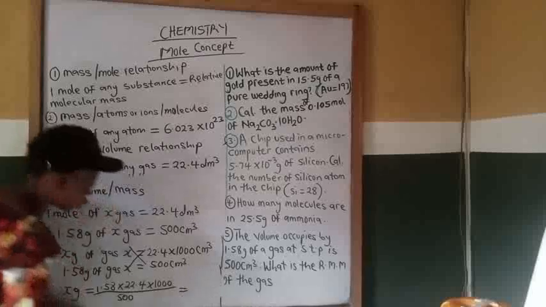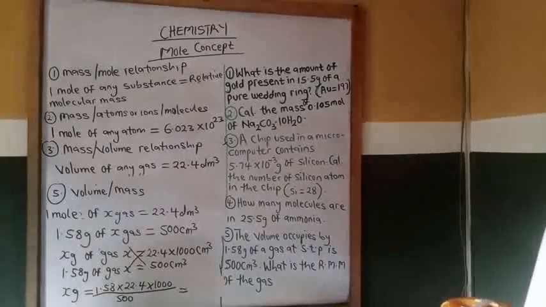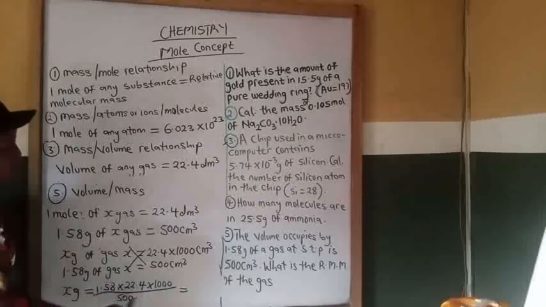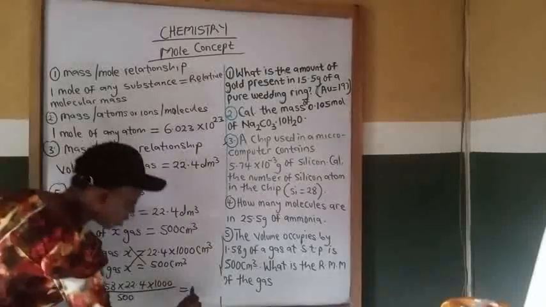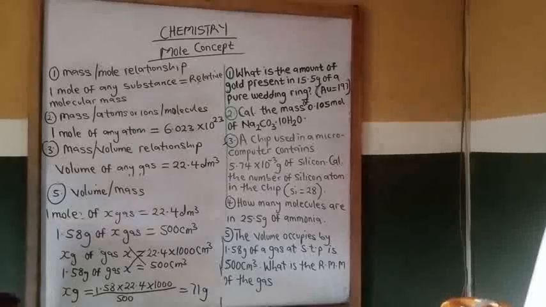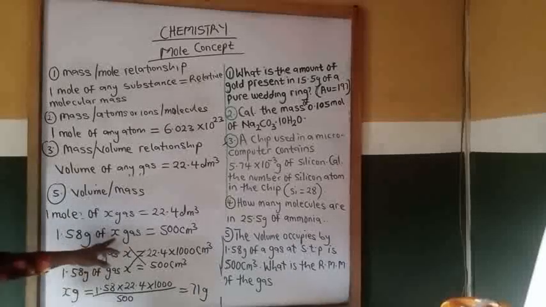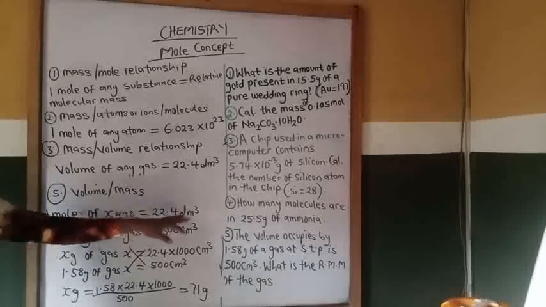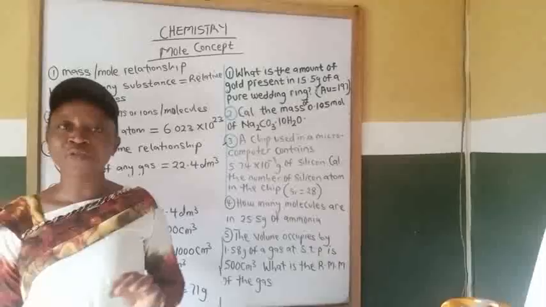So what will be our answer? Which is equal to 71 grams. By the time you multiply the numerators together and divide by the denominator, your answer will be 71 grams. So which means that 71 grams of gas X equals 22.4 dm cube.